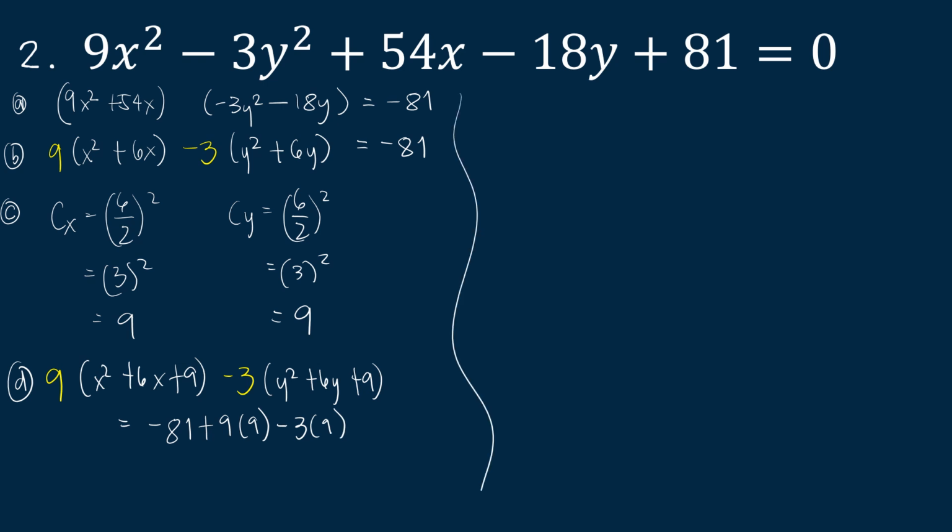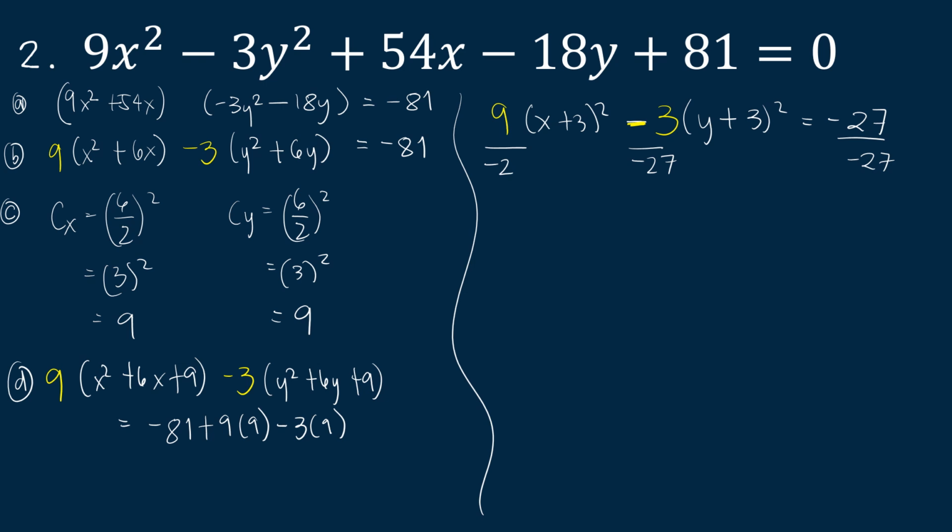It will result into a simplified and factored format of 9 times x plus 3 squared minus 3 times y plus 3 squared is equal to negative 27. Then divide both sides by negative 27 so that our right side is equal to positive 1.